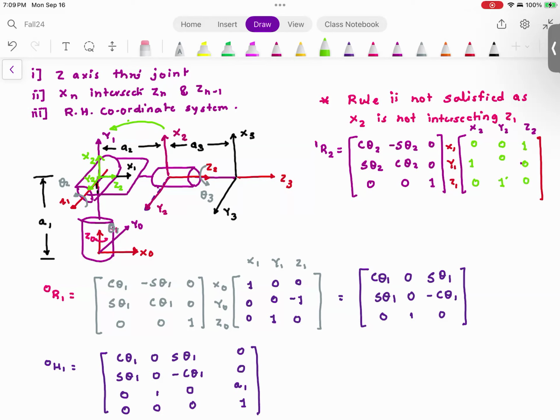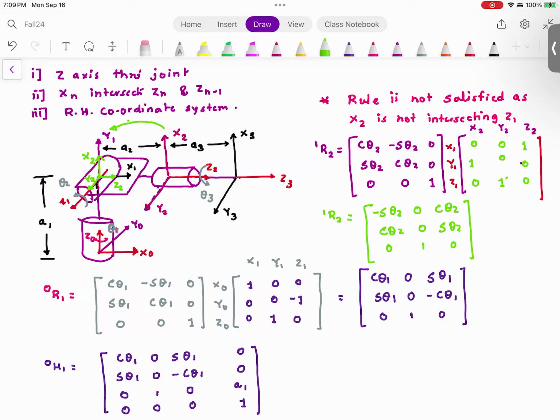So which means my 1R2 matrix is going to be: minus sine theta 2, 0, cosine theta 2, cosine theta 2, 0, sine theta 2, 0, 1, 0. Are you with me?